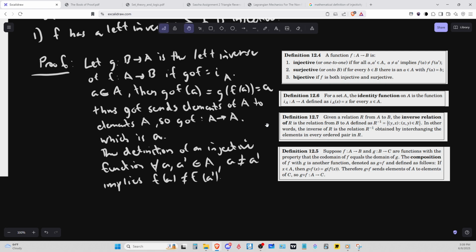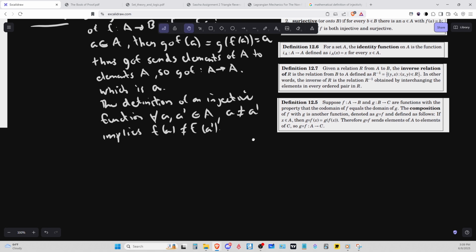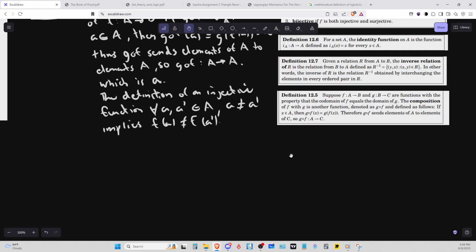Now, I've got to figure out how to do that. Now to show that this definition is applicable to... Okay.